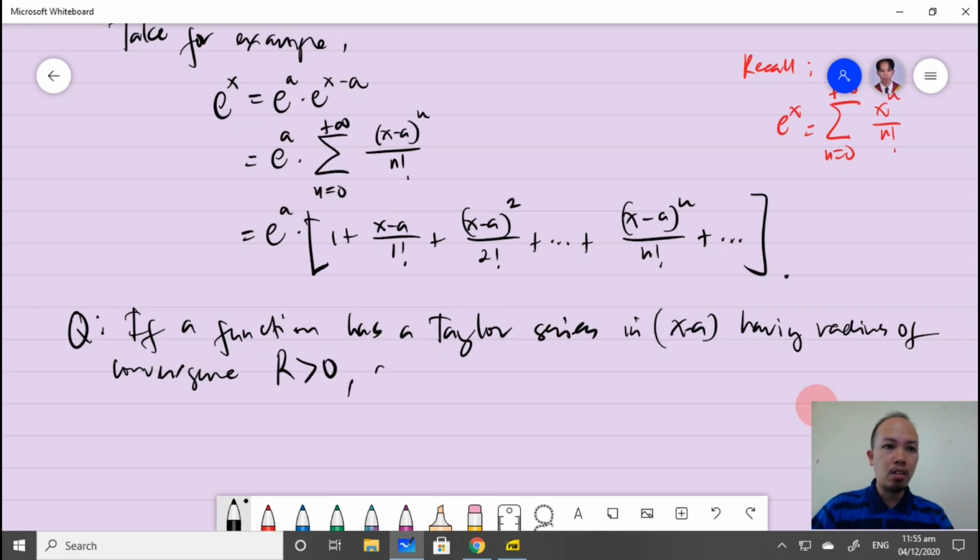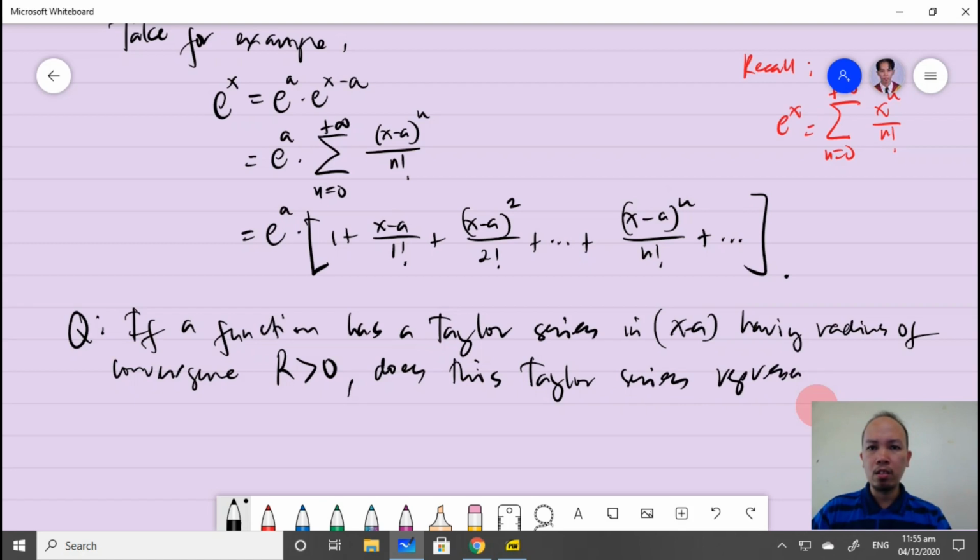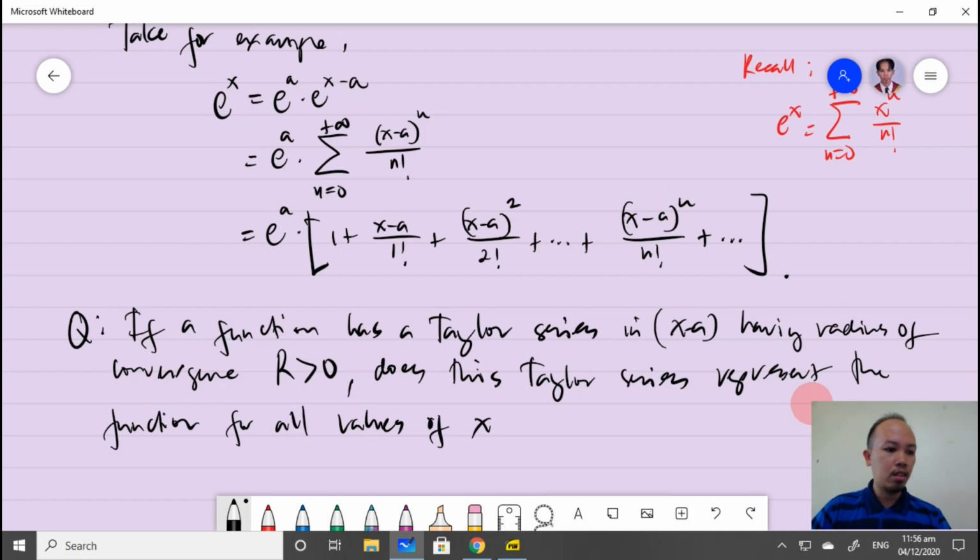The question is, does this Taylor series represent the function for all values of x in the interval of convergence?